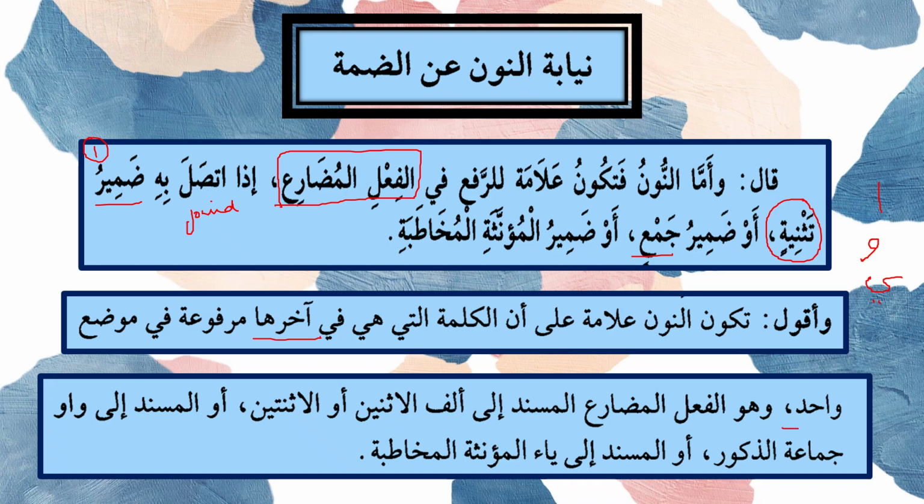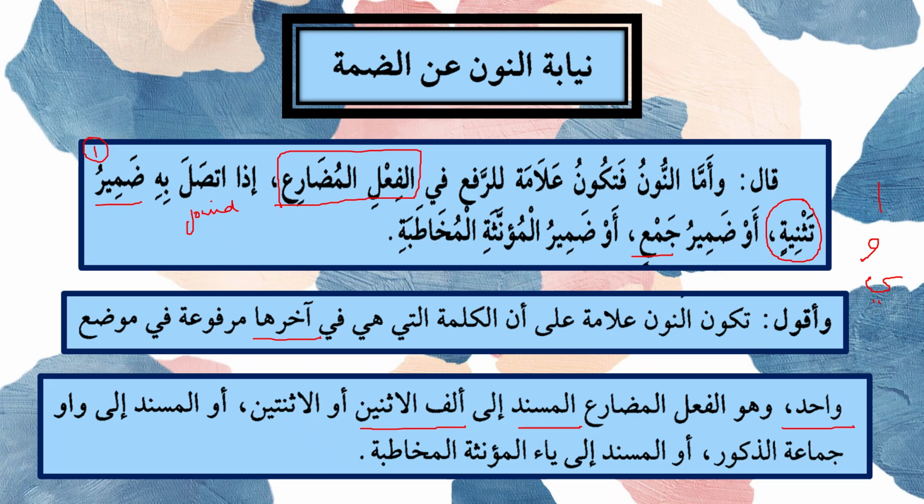So he says in only one situation you will see this, when the fail mudare is joined or attached to aliful isnain, as the Ajrumia has said, or isnatain. Either it will be for the female dual or the male dual.